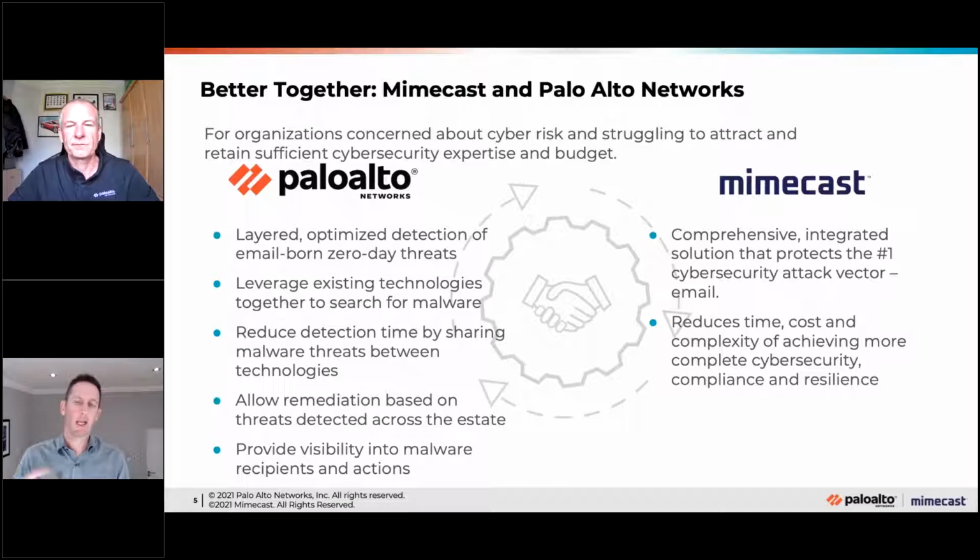And by being able to leverage Palo Alto's Wildfire technology to see what they've seen from a threat and map that back to what Mimecast has seen coming in by email, and reciprocally the other way. So where Mimecast has seen threats, we have the ability to share that back into Palo Alto as well, for them to add that into their endpoints of detection and ensure that the customers who are utilizing the Palo Alto technologies are being protected.